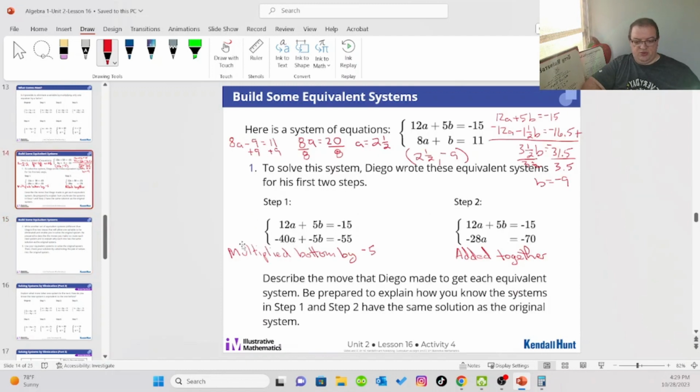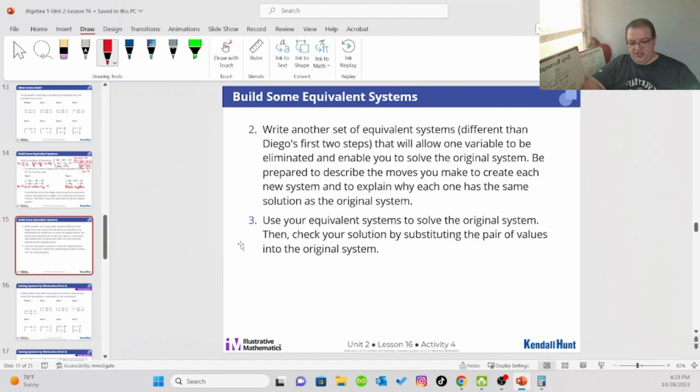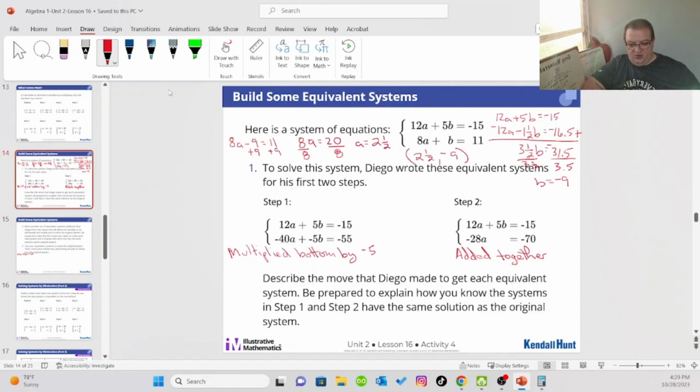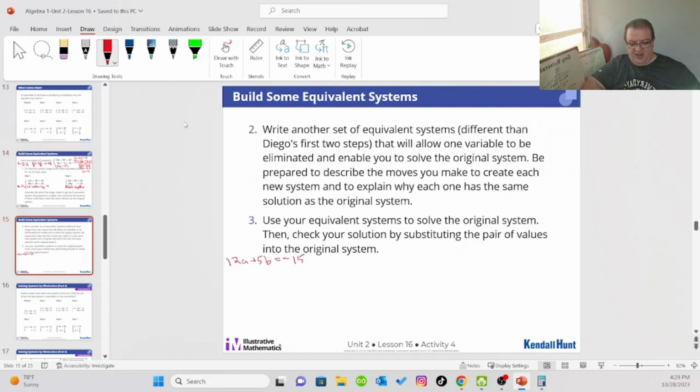So my original one was 12a plus 5b equals -15. We said a equals 2.5 and b equals -9.